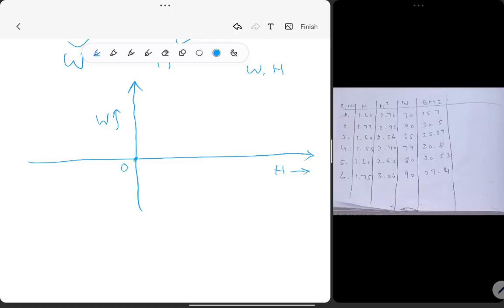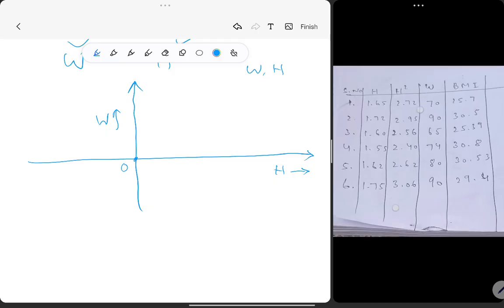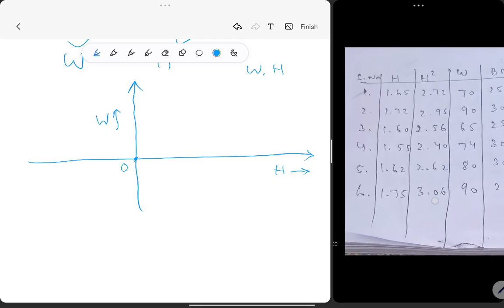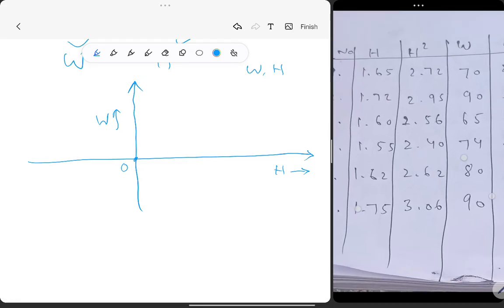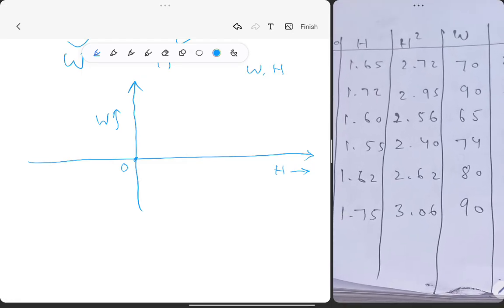Anyhow, what are the different values of height? Different values of height are 1.65, 1.72, 1.60. I hope this is visible to you. I can enlarge it a little bit. Let us first take 1.65 as the height, in meters. Weight is 70 in kgs. What is this h square? I have already calculated it, because it would otherwise have taken a lot of time to do this in the video itself.